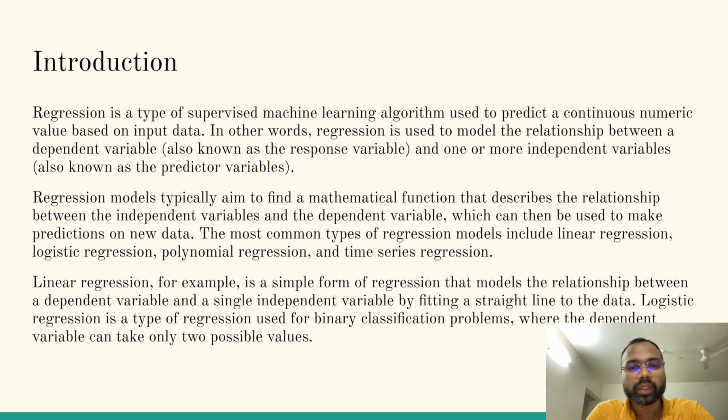In other words, regression is used to model the relationship between a dependent variable and independent variables. I'll show you the mathematical equation as well. There will be different features, and based on those features we try to predict one value. For example, predicting the price of a house, which is a numerical or continuous value, a number, not a class.